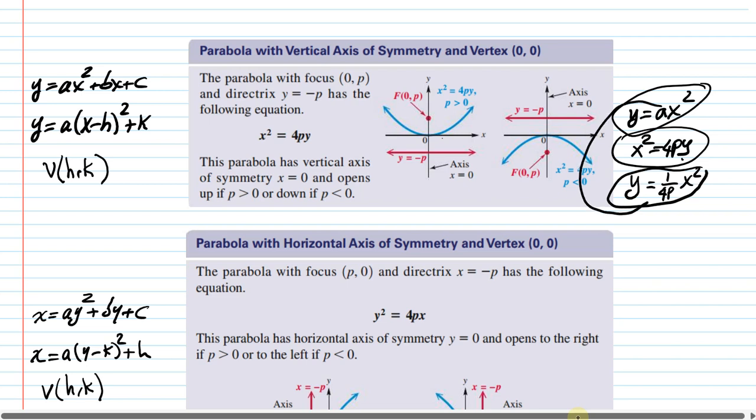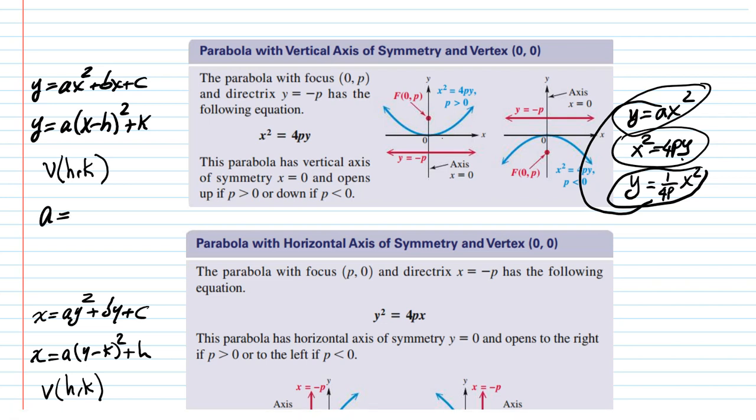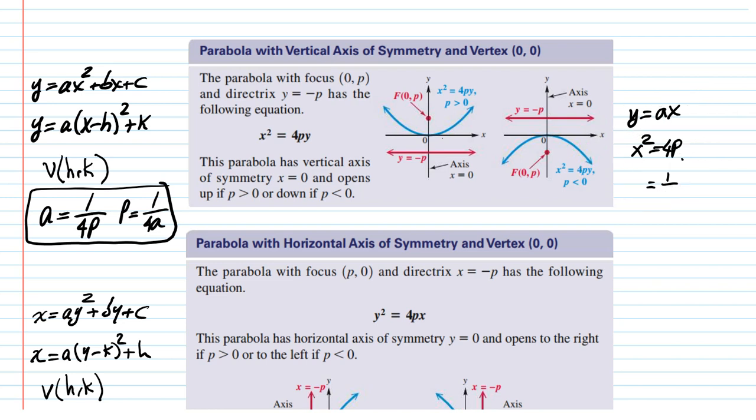From that, we see the relationship between a and p. So a is equal to 1 over 4p, and we can say p is equal to 1 over 4a. That's how p and a are related. Remember, they're reciprocals of each other, except it's about 1/4 of each other. All right.